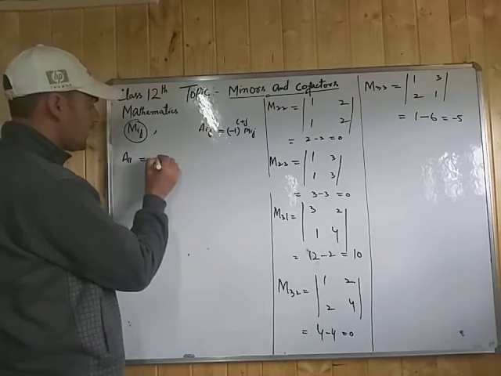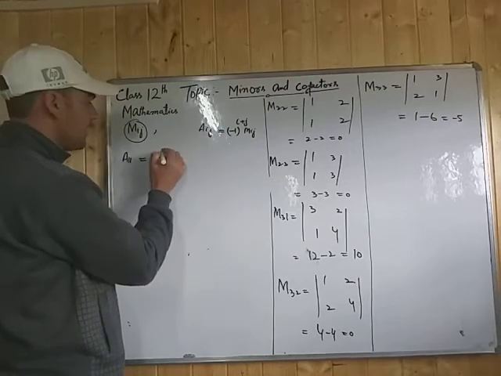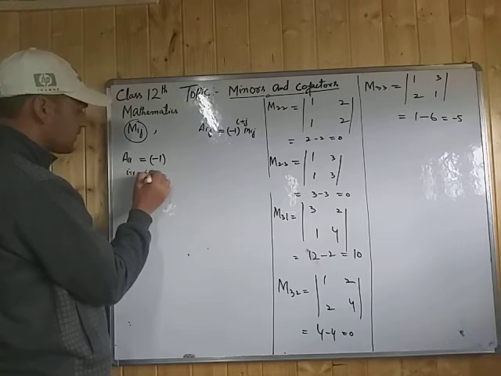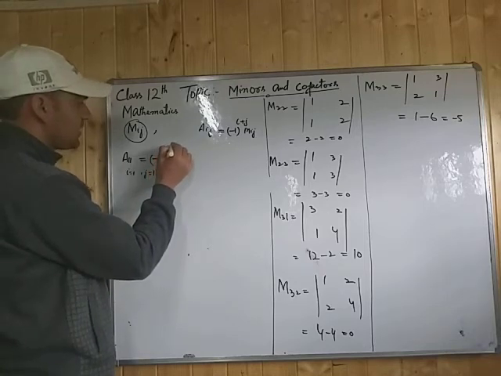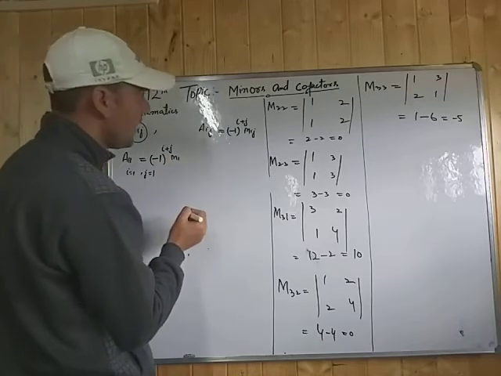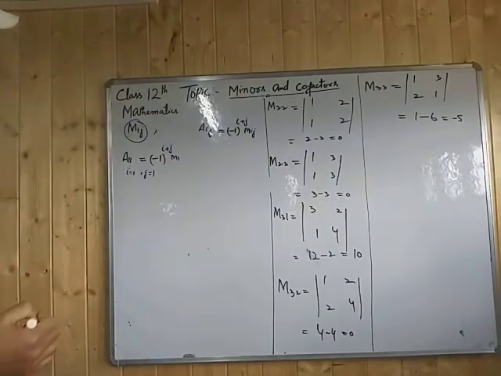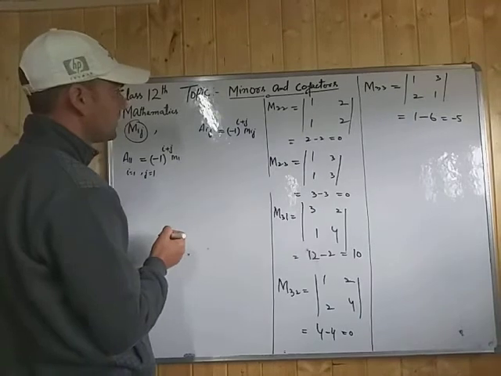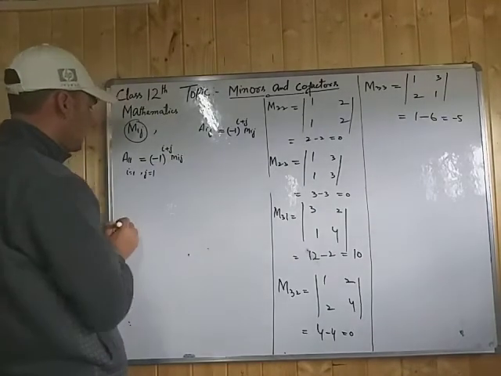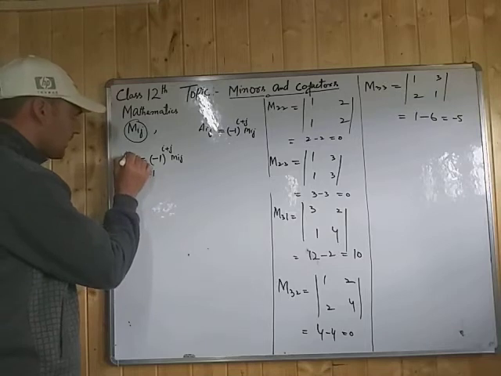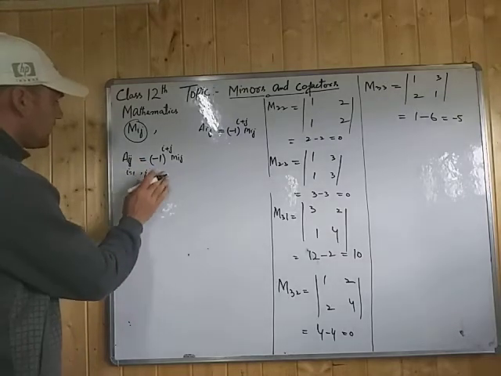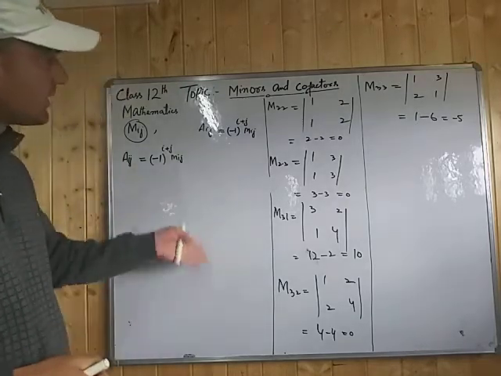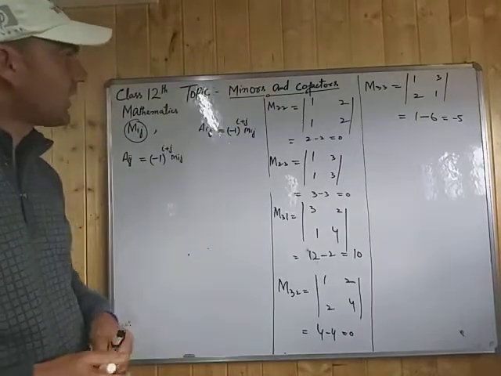So that will be equal to minus 1 raised to power i plus j Mij. तो यहाँ पर आप लिखेंगे Aij डायरेक्ट. सो ये फॉर्मूला है कोफैक्टर्स की. तो हमने वो रब किया है, तो अब आपको याद नहीं रहा होगा तो हम यहाँ से निकालेंगे.